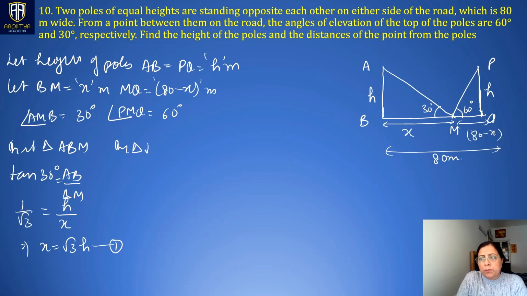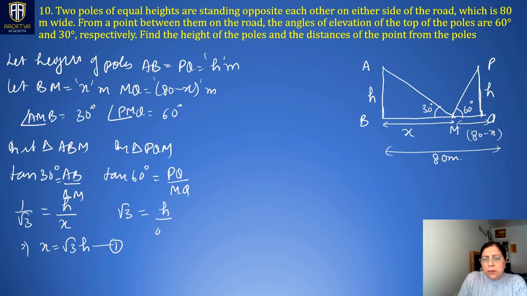In triangle PQM, here we have tan 60 equal to PQ upon MQ. So this is root 3. PQ is also h and the horizontal distance between M and Q is 80 minus x. So now we can cross multiply and we can write h is root 3 times 80 minus x. Let this be equation 2.